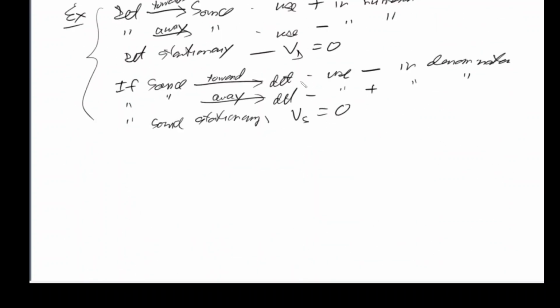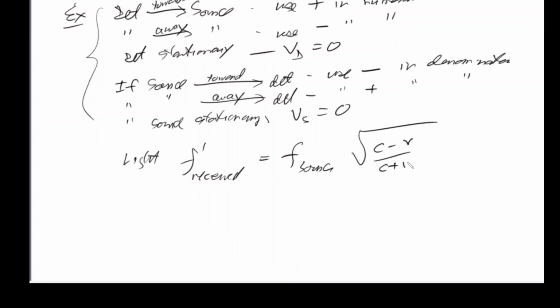And light can also have a Doppler shift. We won't get into it now, but basically for light, the frequency received is equal to the frequency of the source times the square root of c minus v over c plus v, where c is the speed of light and v is the speed of the source.